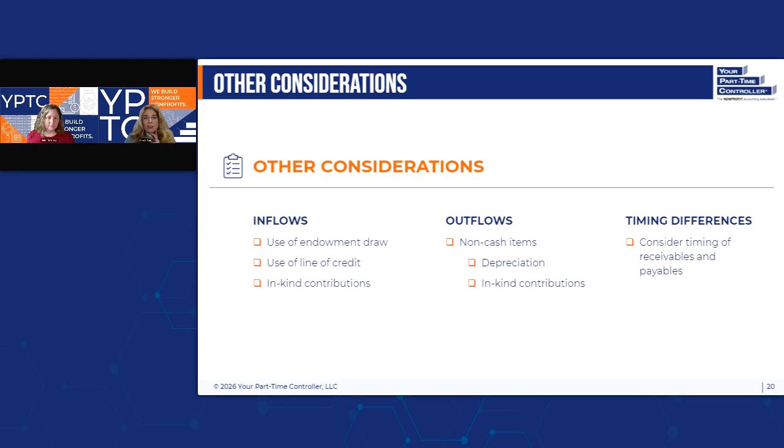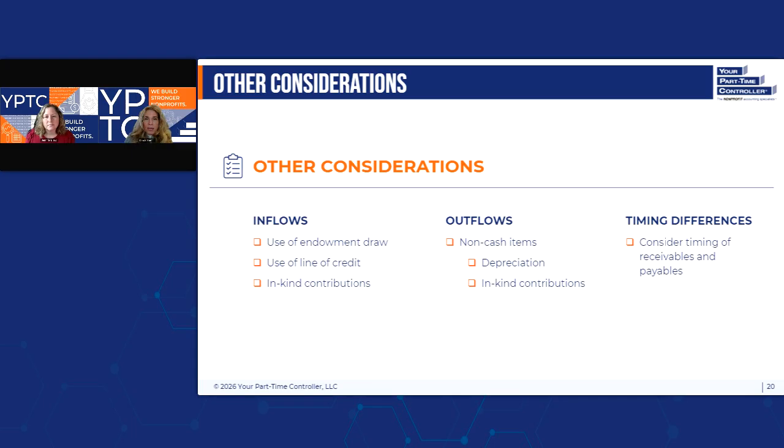You'll note that we also have on this slide in kind on both the inflows and the outflows. Even though this has a net zero effect typically on your budget, you should include it in your budget because the in-kind services or goods that you're receiving would otherwise have to be paid for by you out of your cash, right? So lastly on this slide, it reminds us about timing differences.